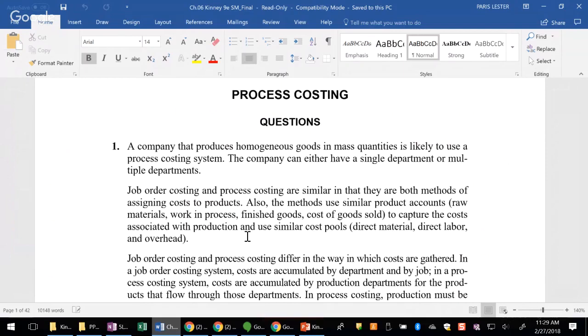Now, determine the equivalent units of production for direct materials. All right. And if we have 608 left of those 624, we completed 608 of those 624. What was your ending inventory? 608 subtracted, what would it be? 16. All right.